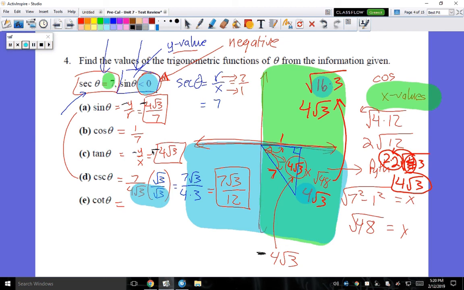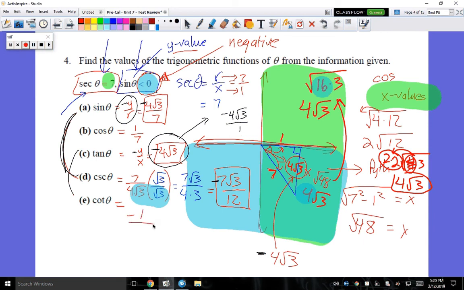And then of course this cosecant is going to be negative as well, so it's a negative 7 root 3 over 12, because remember the cosecant is the flip of sine, and that was already negative. And then finally I can finish off with the cotangent, which is going to be the reciprocal of my tangent. So I could do x over y, or I can just take my answer, which is negative 4 root 3 over an understood 1, and take the reciprocal.